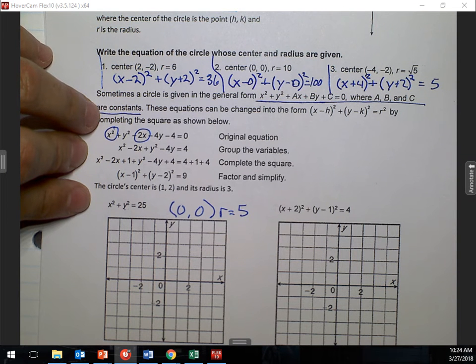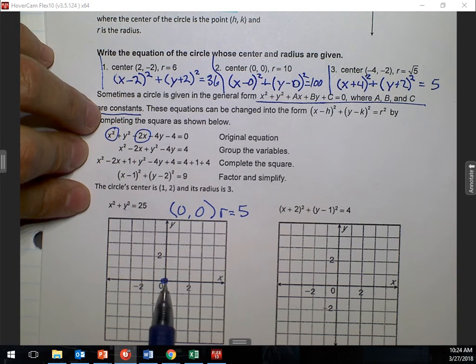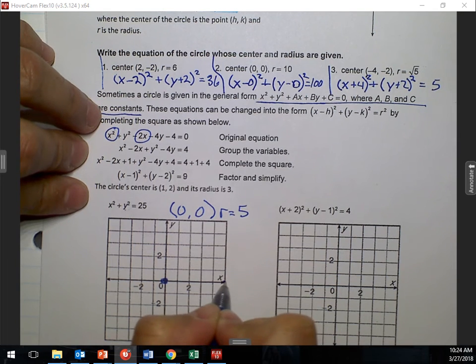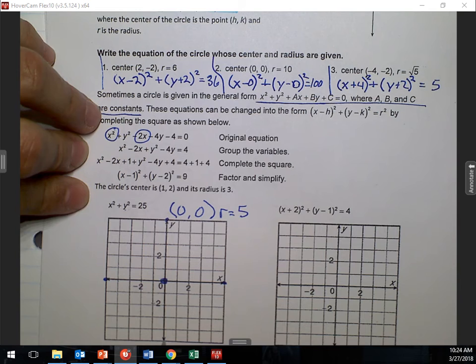What is my radius? Okay, so now I'm going to put the center of the circle at 0, 0. And how big is it? Let me see. 1, 2, 3, 4, 5. 5 this way, 5 this way, and 5 this way.